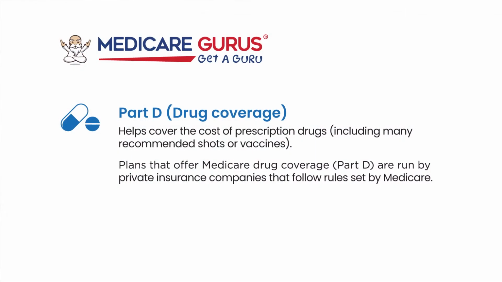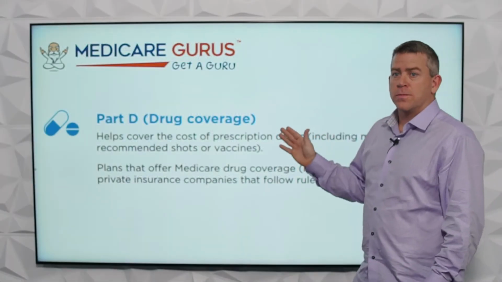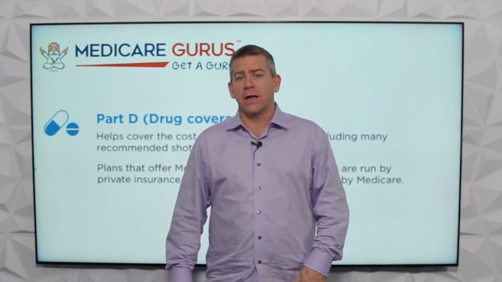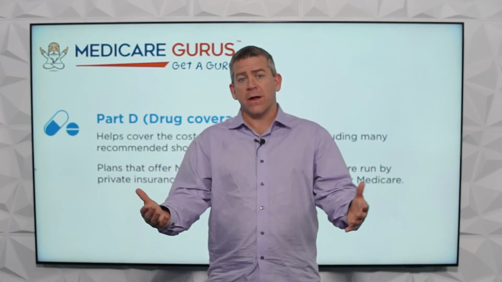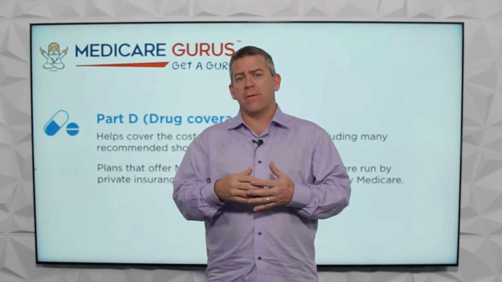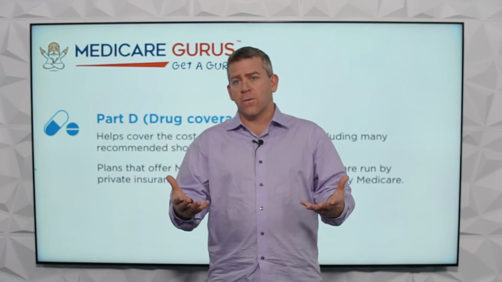So the next part is Part D. Medicare Part D is prescription drug coverage. Now, when I started in the insurance business in 1997, we didn't have prescription drug coverage. If you were on Medicare, there was nothing. But around, I believe, 2005, some legislation was passed, and they came out with increases to the Medicare Advantage program, and the Medicare Part D prescription drug coverage was formed.